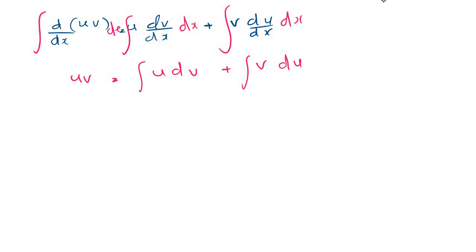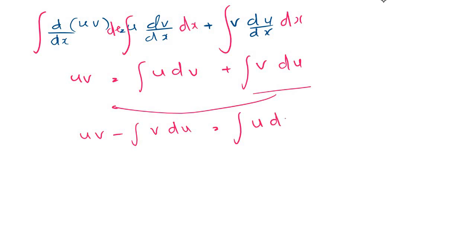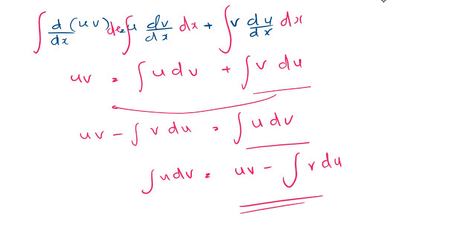If we take this part to the other side, we see uv minus the integral of v du is equal to the integral of u dv. We'll rearrange the terms. If we write this term first, we get the integral of u dv equals uv minus the integral of v du. We'll use this equation in the next formula.